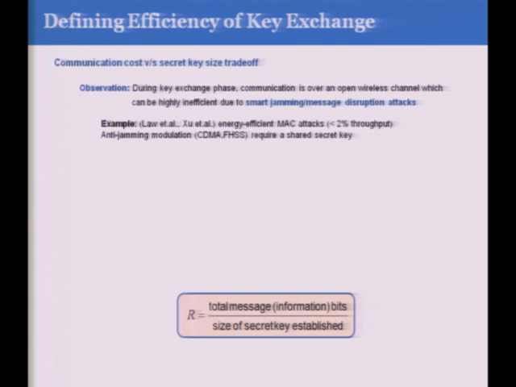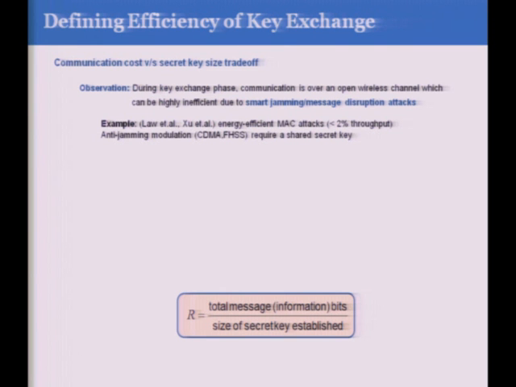Now you could employ some kind of anti-jamming modulation at the PHY layer to evade such attacks, but the issue is that this kind of spectrum modulation requires the two nodes to share a secret key. And the assumption is that to begin with, they do not have such a key. Also, from the adversary's perspective, this key exchange phase is an important opportunity.